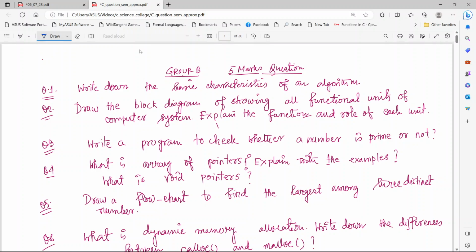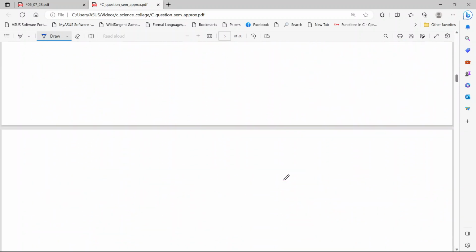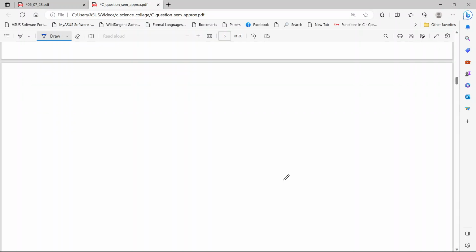So this one you can say the basic computer science and engineering. So I am first discussing group A. In group A, I cite three questions, right?